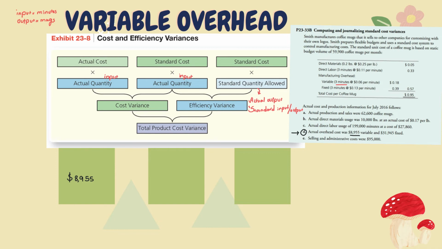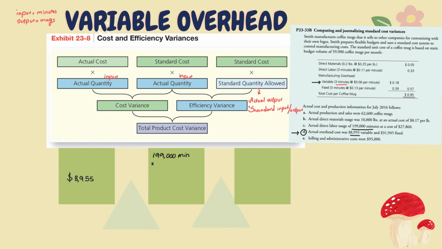The second one, standard cost by actual input. Again, actual input is actual amount of minutes, multiplied by standard cost per minute. So actual quantity or input will be similar to the direct labor, which is 199,000 minutes. I need to multiply it with standard cost or budgeted cost, but for the variable overhead.